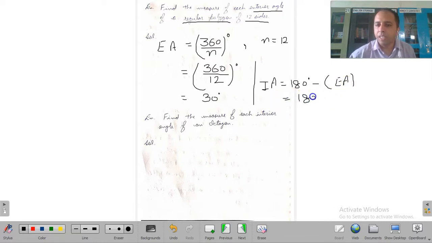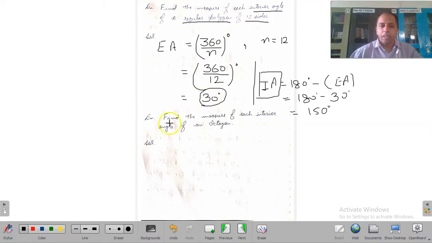So 180 degrees minus, what is the value of each exterior angle? 30 degrees, we have just calculated. So minus 30 degrees, how much is it? 150 degrees. So the value of each interior angle is 150 in this case. That means if we want to find the value of the interior angle, we must know the value of the exterior angle first.